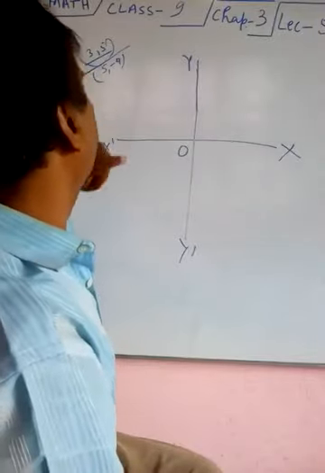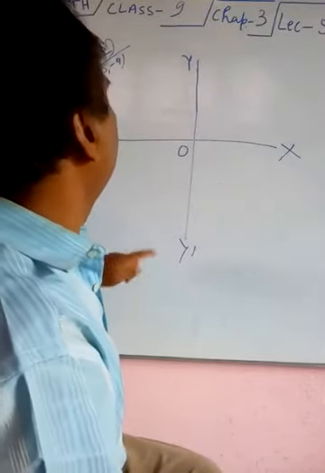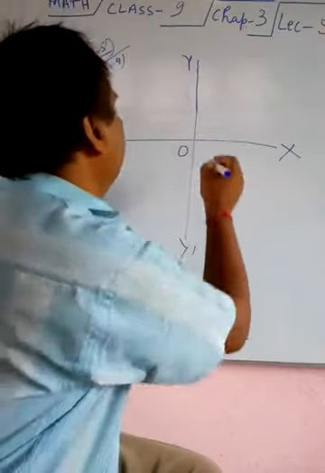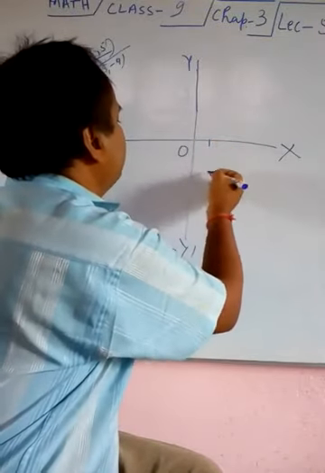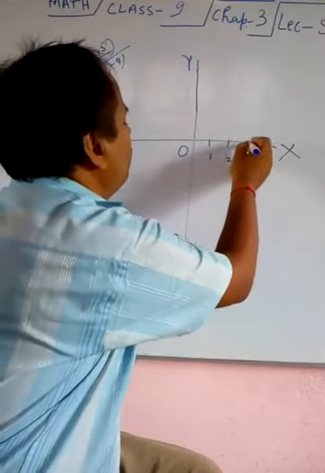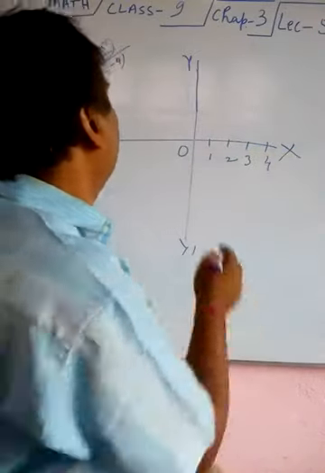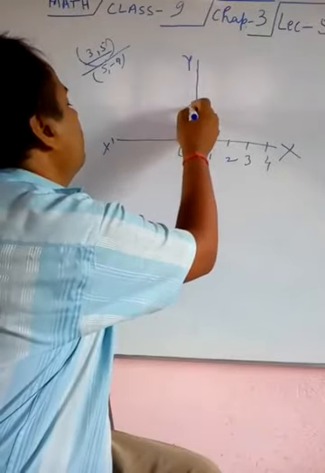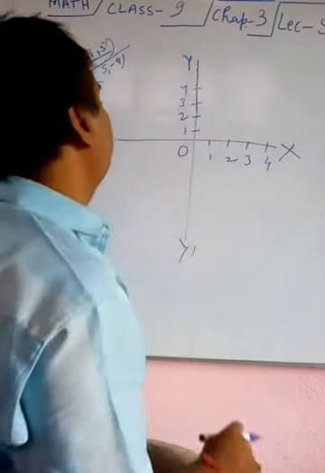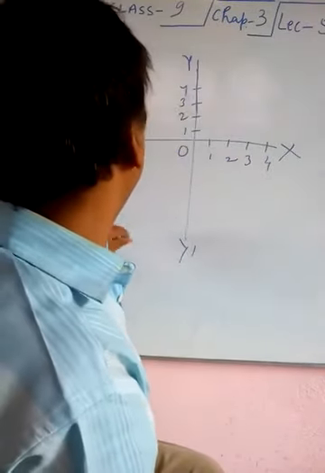First (3, 5), that means the x-coordinate is 3. So you have to take here the positive direction of the x-axis: 1, 2, 3, 4, and here 1, 2, 3, 4. Equal distribution. The gap should remain the same.